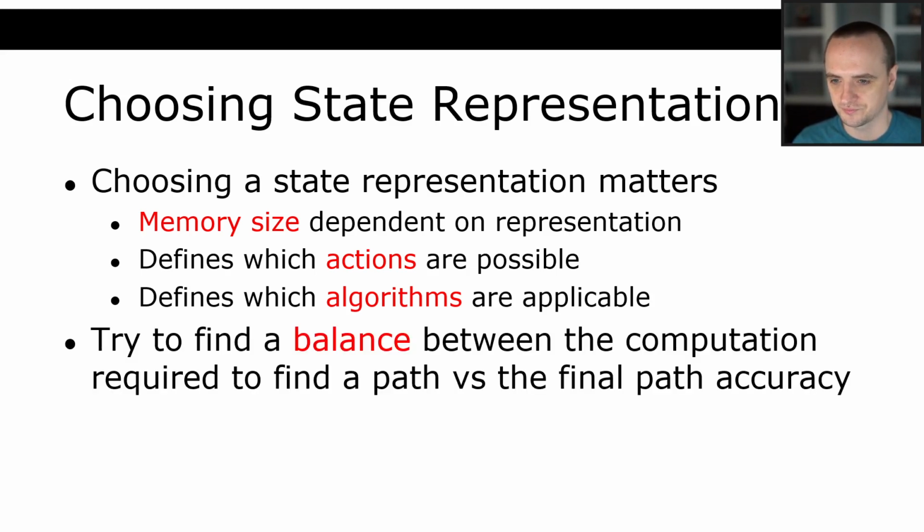So what you're trying to do when you choose a state representation is talk to your boss, right? Not necessarily your boss, but the game designer. And you're going to say, okay, how fine-grained do you need this movement? Is movement in a grid okay? Do you want straight line movement? Do you want arbitrary movement? And then you're trying to find a balance between that path's accuracy or realism, or whatever the game designer wants you to implement, and the computation and memory requirements that your algorithm will take to run in that space, right?